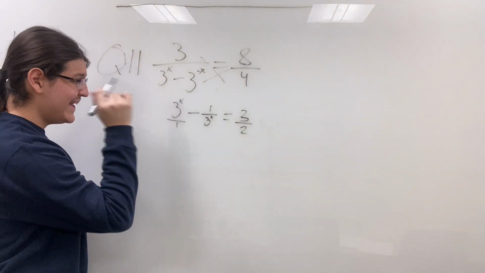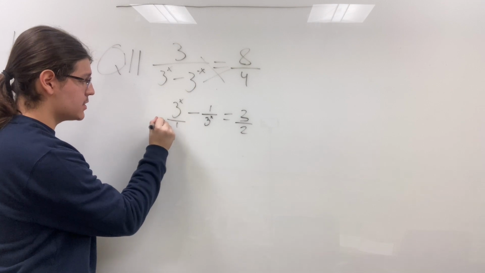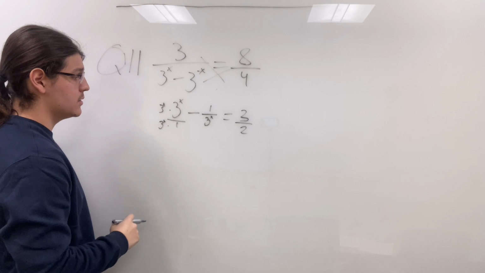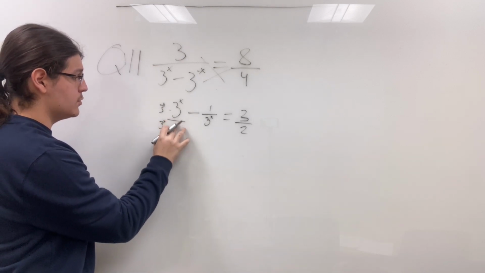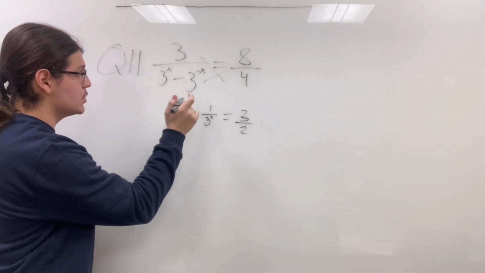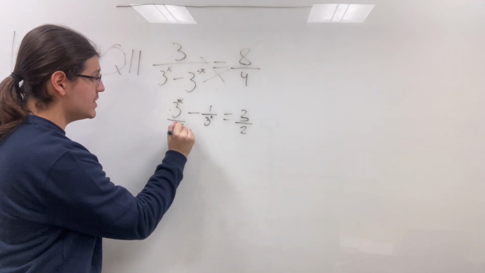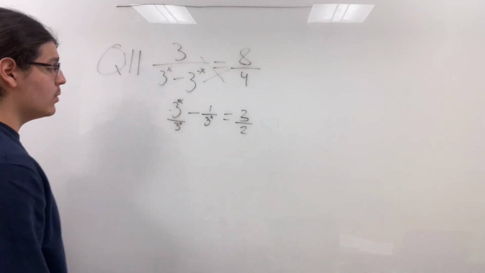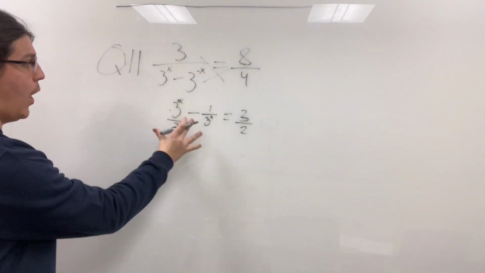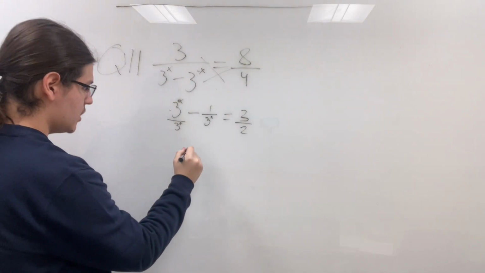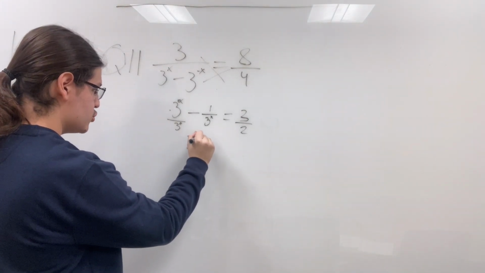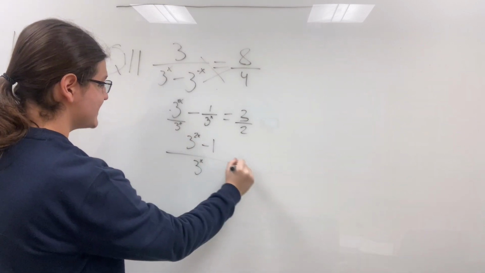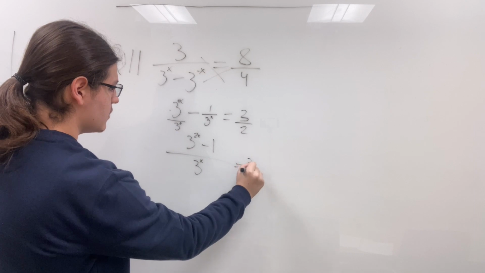So, if I were to multiply the top and the bottom of this new fraction by 3 to the x, that would be 3 to the 2x over 3 to the x. And now we can combine this into one fraction. We can make this 3 to the 2x minus 1 over 3 to the x is equal to 3 over 2.